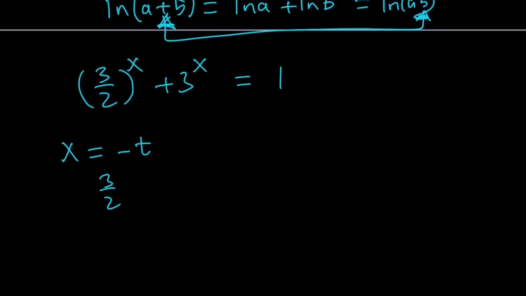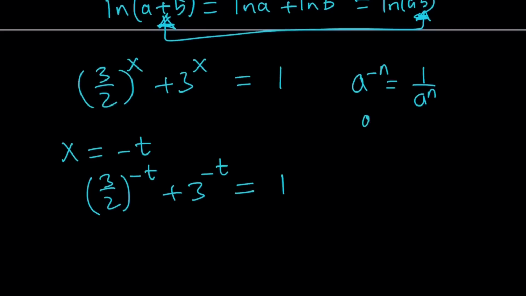So it's going to be (3/2) to the power negative t. Again, that's my effort to flip these things around, because when you have a negative exponent, things are going to be flipped, right? Remember the rule: if you have a to the power negative n, that can be written as 1 over a^n, or if you have (a/b) to the power negative n, then that is (b/a)^n.